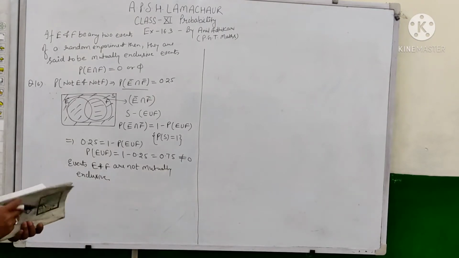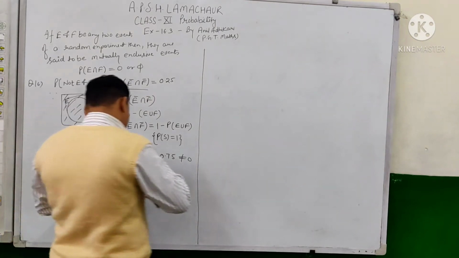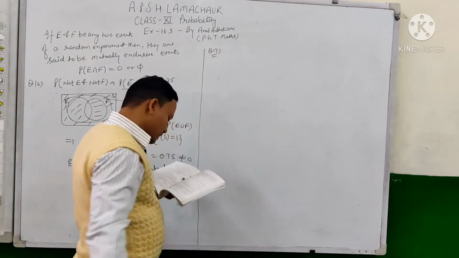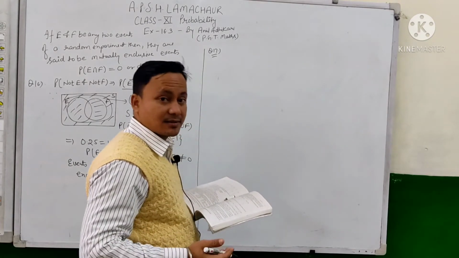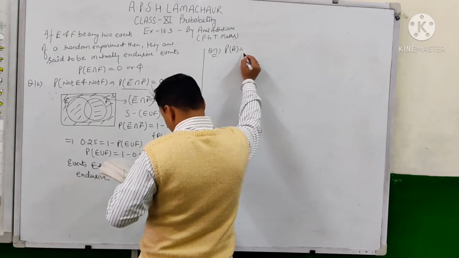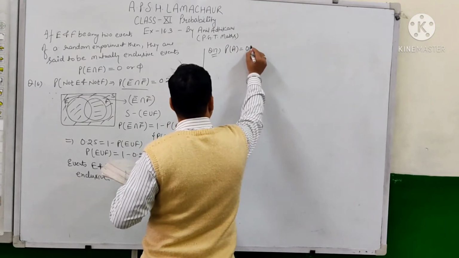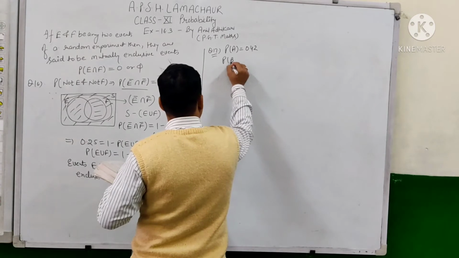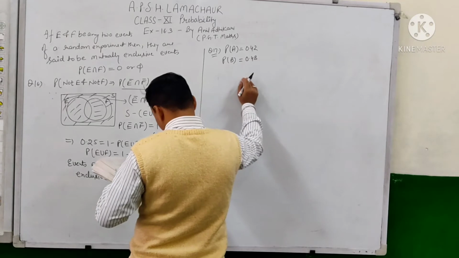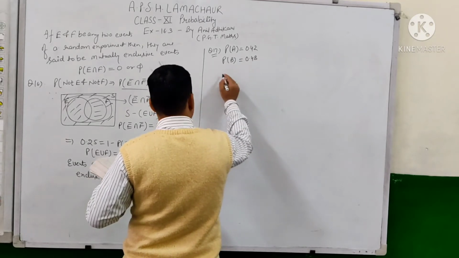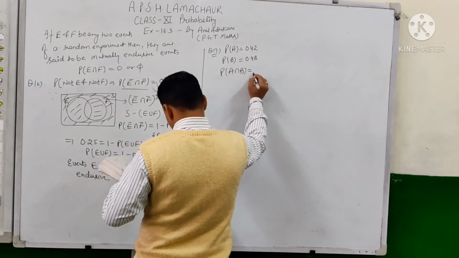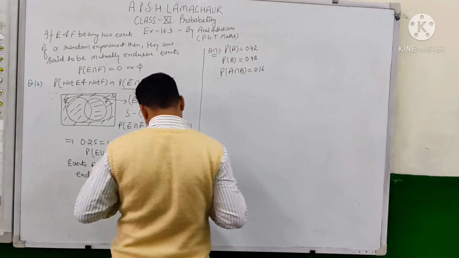Now, the second question, question number 17. Here A and B are any two events such that the probability of event A is 0.42, the probability of event B is 0.48, and the probability of A and B, meaning A intersection B, is 0.16.